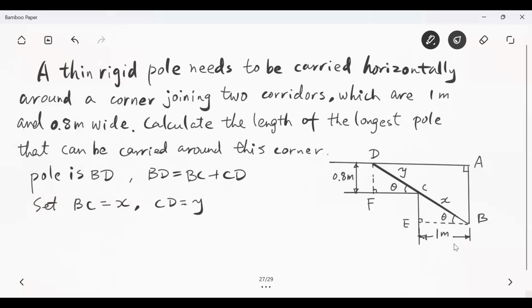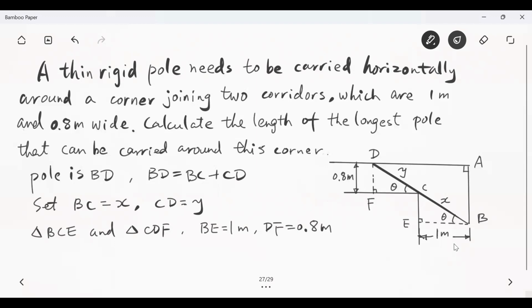And there are two triangles: the right triangle BCE and the right triangle CDF, right? So we know that in triangle BCE, BE equals 1, and DF equals 0.8 meter.